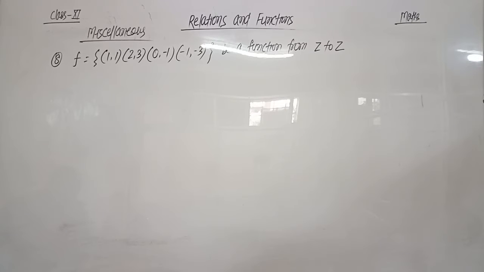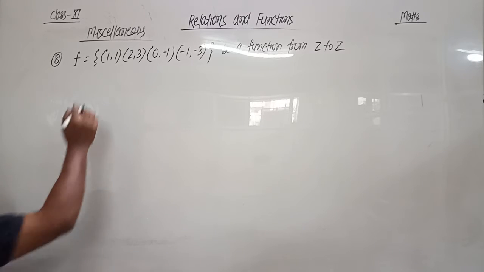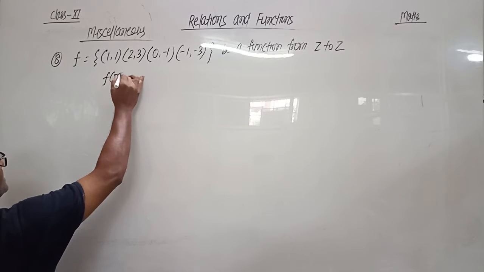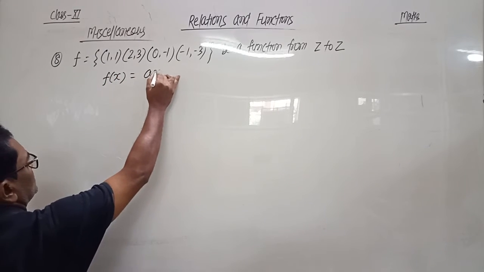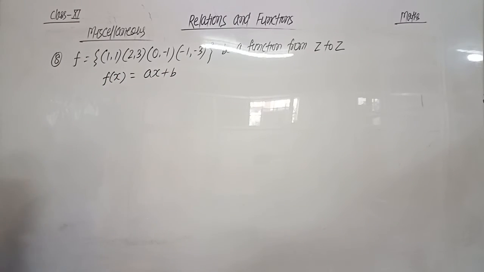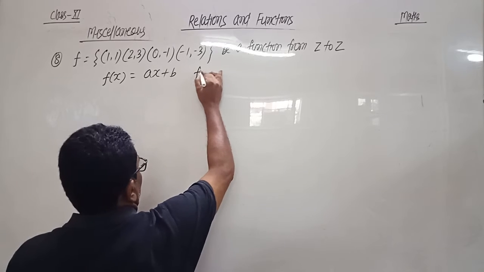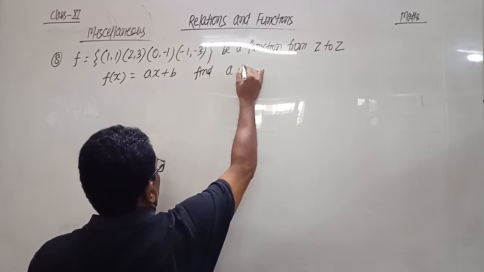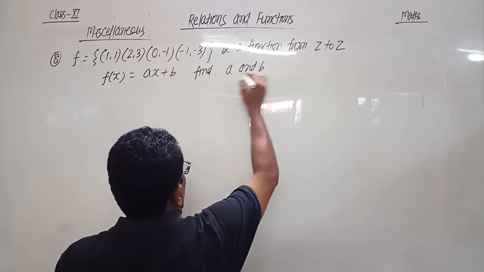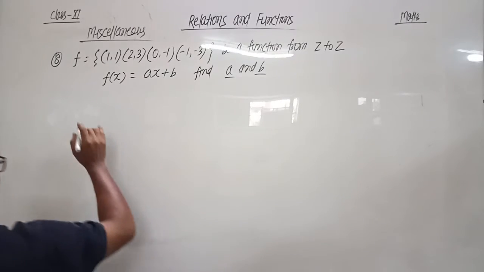Z to Z defined by f(x) equals ax plus b. The function is defined f(x) equals ax plus b. Then determine the values of a and b. Find a and b. We have to calculate the values of a and b.